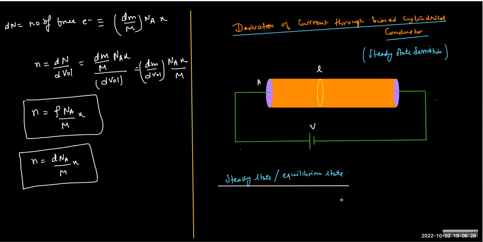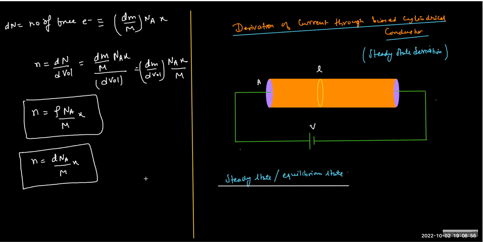The steady state will ascertain that the concentration is not only meant for the bulk, but even if you choose a small piece of it and try to obtain n there, that n should match with every other n which you can possibly derive from other volume.